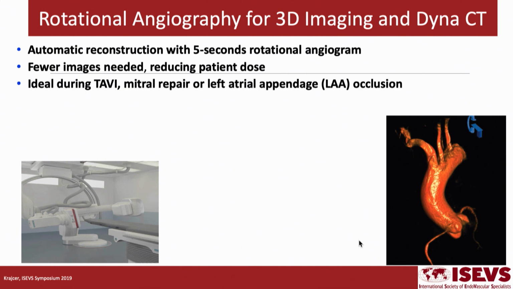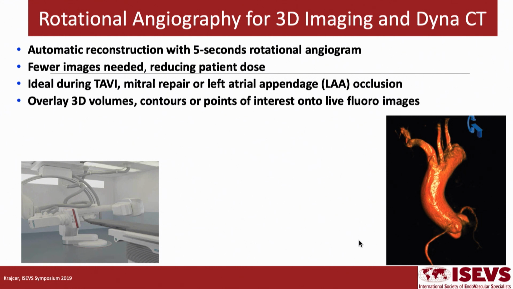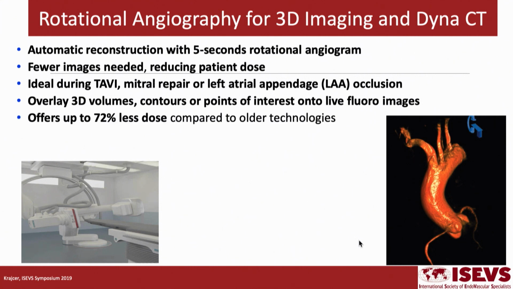It is particularly useful for TAVI, mitral repair, but also for thoracic repair, as well as carotid interventions and lower extremity interventions. Overlay with 3D volumes and contours or points of interest with the live fluoro images is also extremely helpful and very beneficial during interventional procedures.